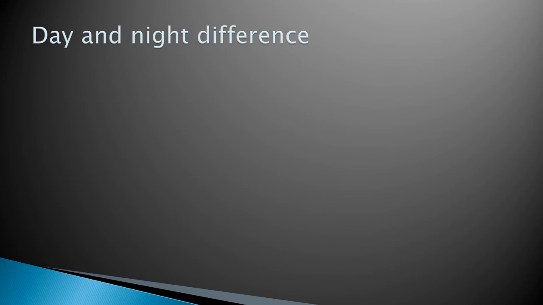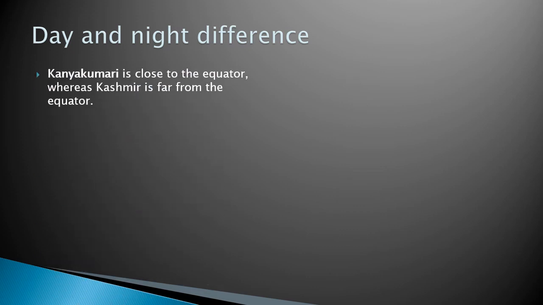The next topic that we need to understand is day and night difference. See children, when I explained the Tropic of Cancer, which divides India into two equal halves, I told you that it also influences day and night differences of India. Now, what are the day and night differences?